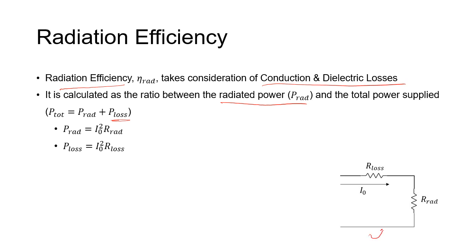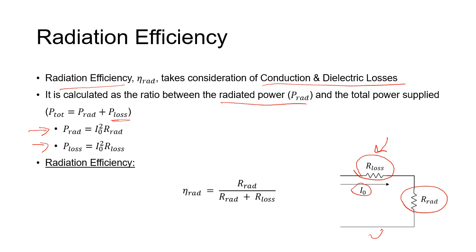If we assume a total current I naught flowing through this network or circuit, the power loss will be in this R loss, and the desired power is the power in the R radiation. So we can write these two equations: P radiated is equal to I naught squared R radiation, and P loss is I naught squared R loss.